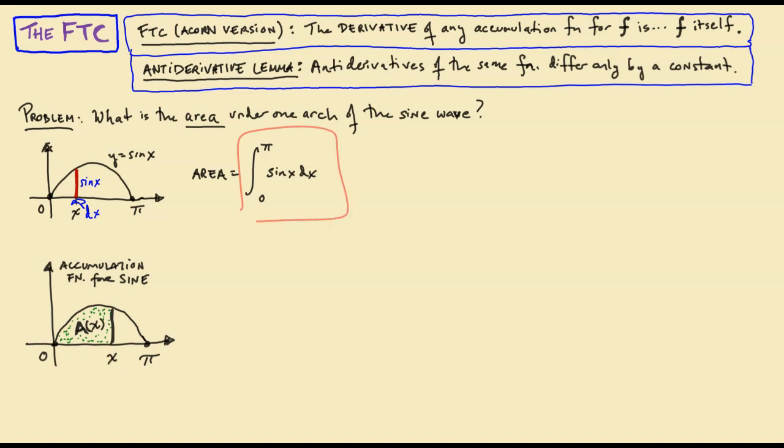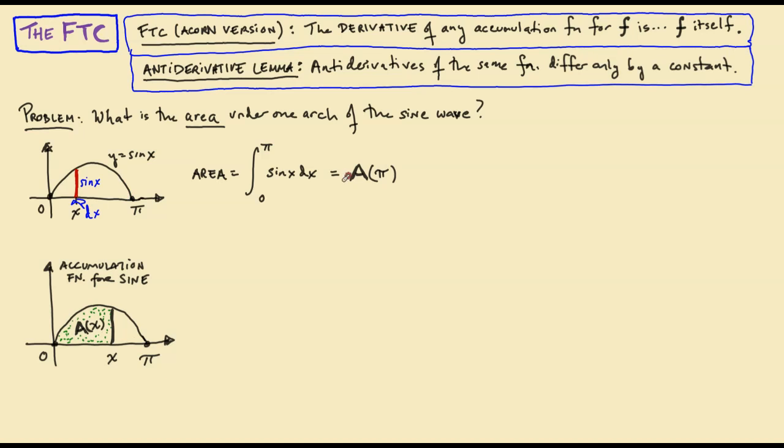So the integral we actually want, which gives us the area under one full arch, is in fact capital A of pi, where capital A is this accumulation function. Because if we evaluate the accumulation function at pi, we get all the area from 0 up to pi, which is exactly what we were looking for.